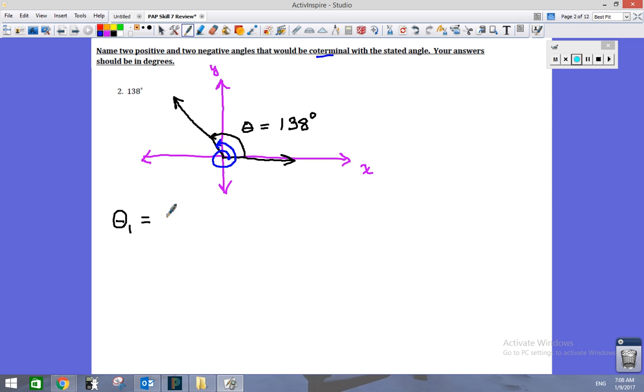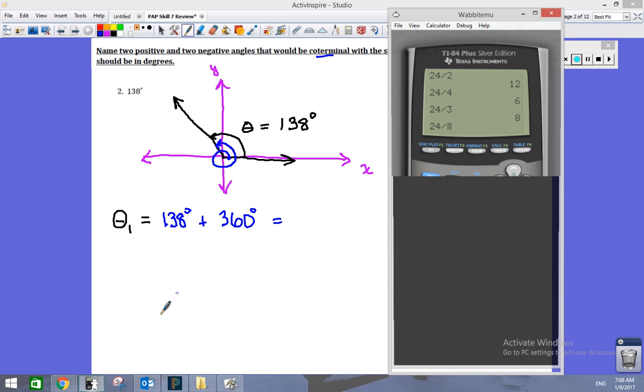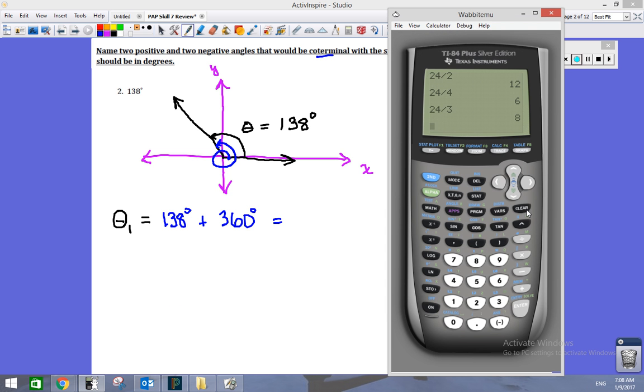So I'm going to take this 138 degrees and add 360. And so that I don't make a silly mistake, let's open up the calculator. 138 plus 360, 498.